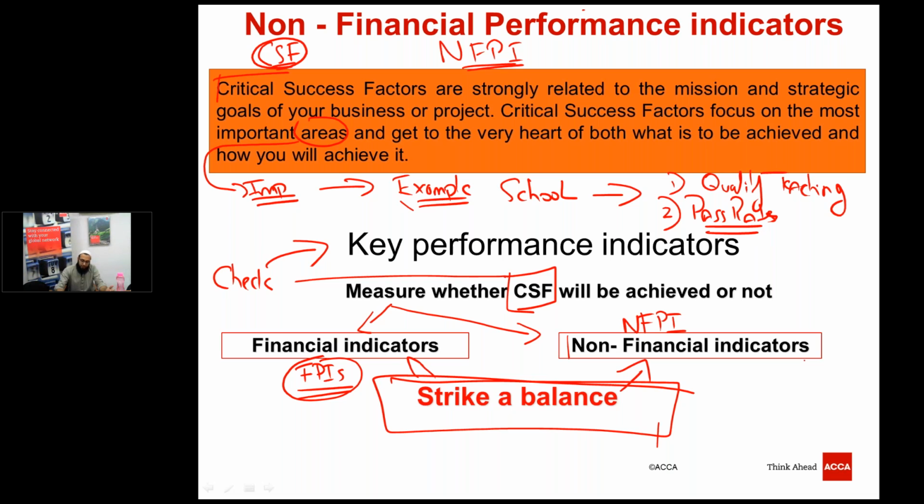This is our area that will be tested for both financial and non-financial indicators, and you need to have good knowledge because the examiner really expects students to perform well in this area. The question we are starting right now is the December 2012 question. The question name is Web Company.